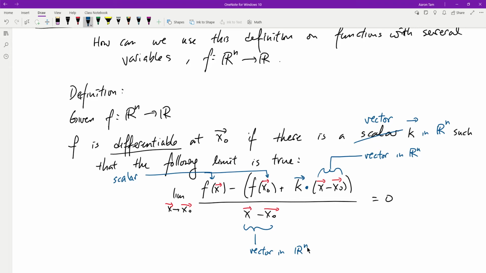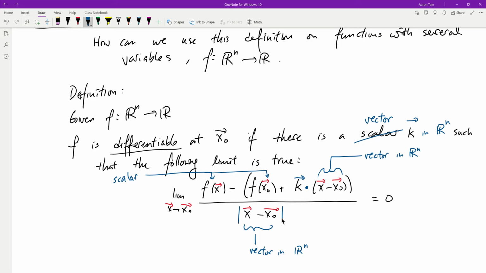But if you think about it, the essential idea of x minus x sub 0 is basically talking about the difference between them. And another word for difference in geometry is distance.